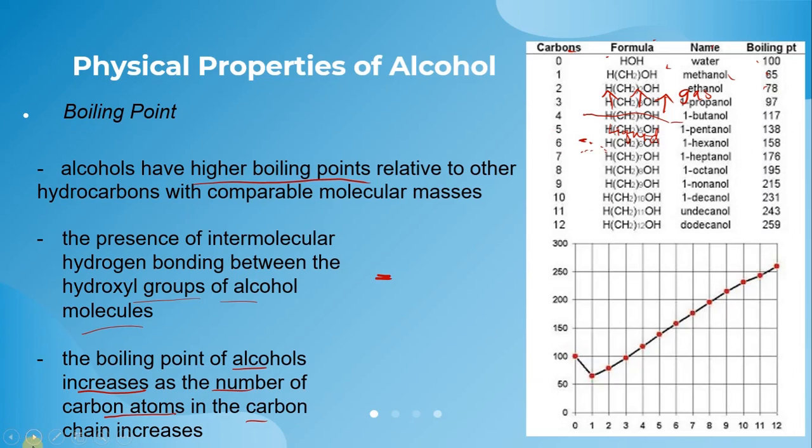Here, we have some examples. Look at this. So, nagka-increase siya from your water. Water boils at 100 degrees Celsius. Alcohol, ang imong methanol. Take note, methanol was the first one.